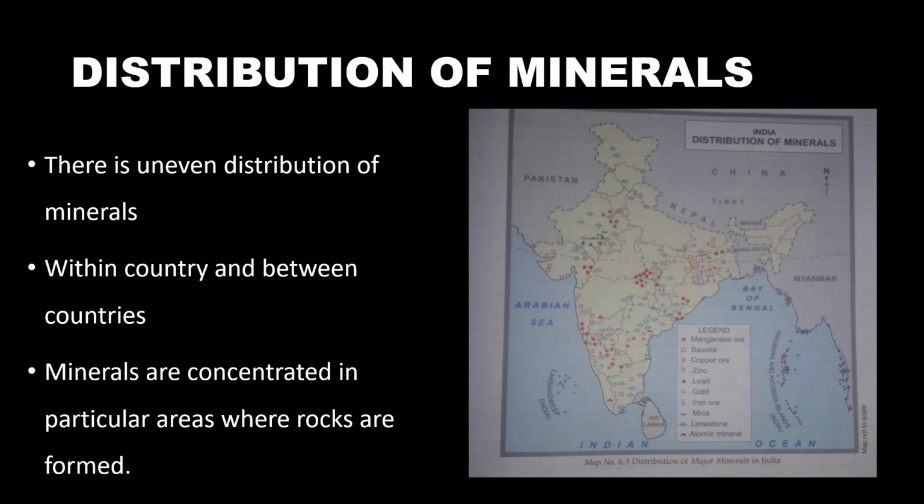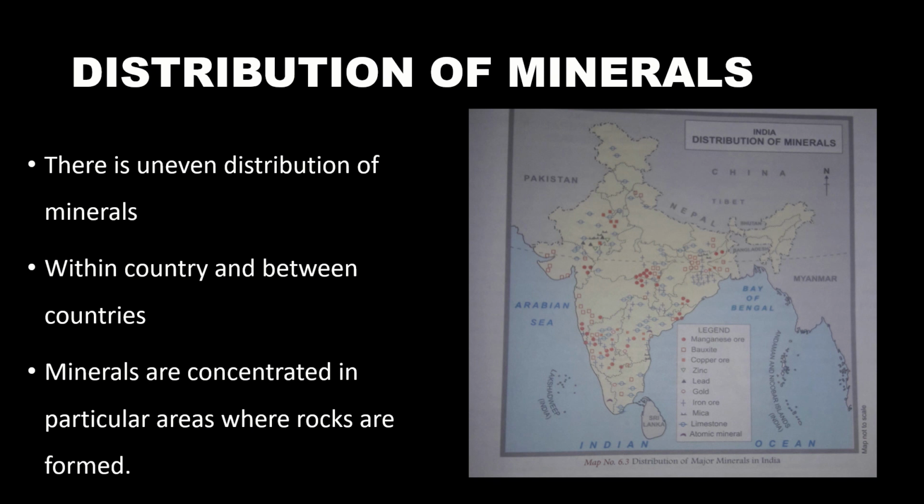In the same manner, the inverted triangle in the western part of India is zinc. Zinc is found in the Gujarat and Punjab areas.